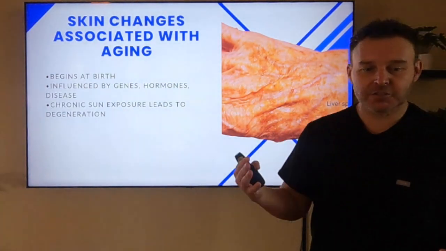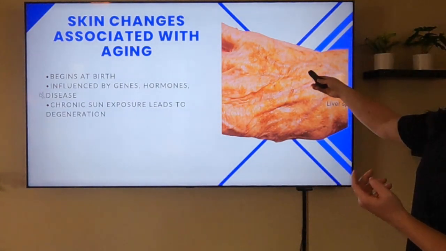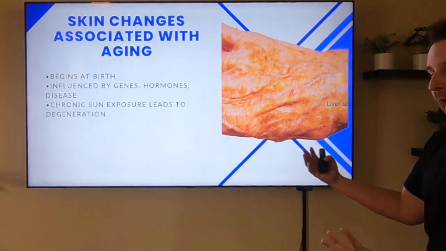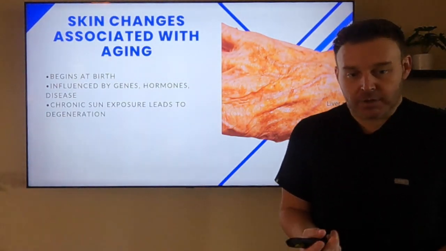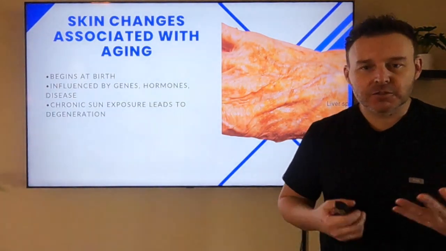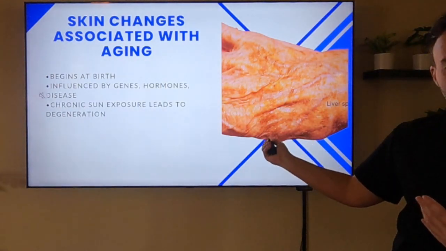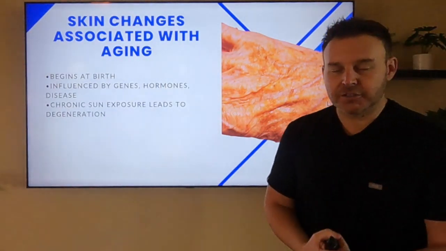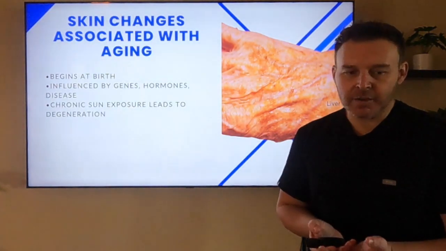It starts with changes at birth, and as you can see, we have a wonderful picture over here of a hand of an older individual with probably some sun exposure. These changes have occurred due to their genes, their hormones, and potentially disease processes, okay?